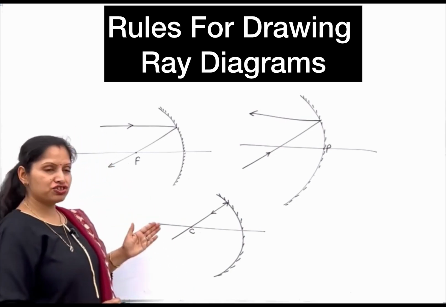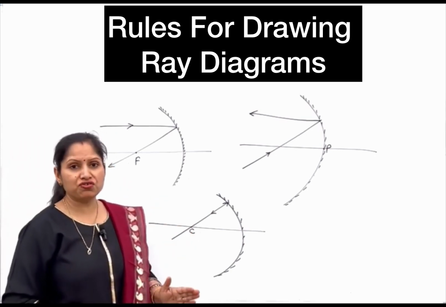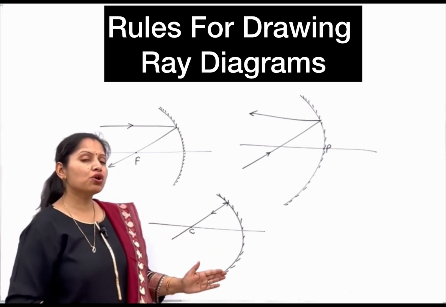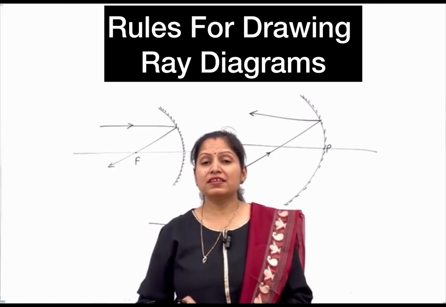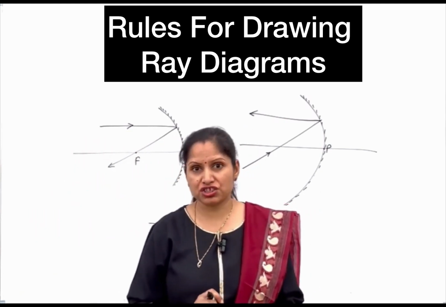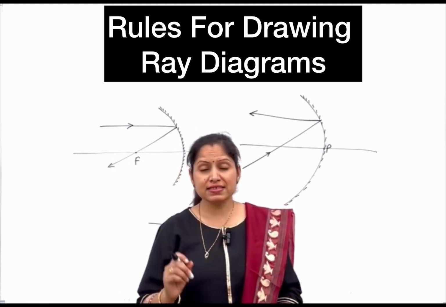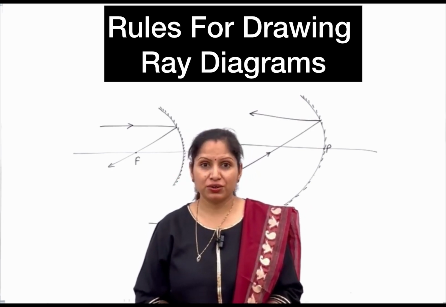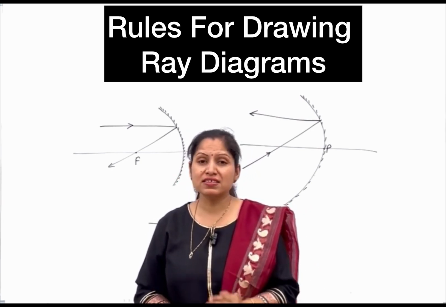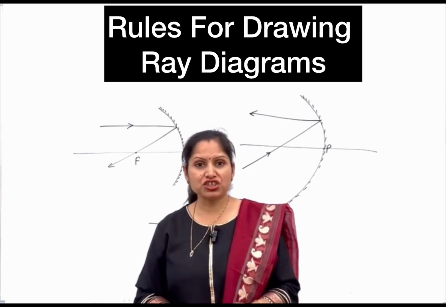This is logical. Why is it retracing its path? Why is it not going in some other direction? You can easily understand this by laws of reflection. हमें पता है angle of incidence is equal to angle of reflection. तो अगर angle of incidence 0 हो जाए तो angle of reflection भी क्या होगा?